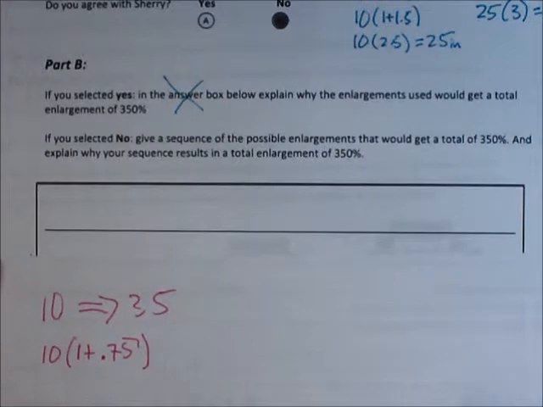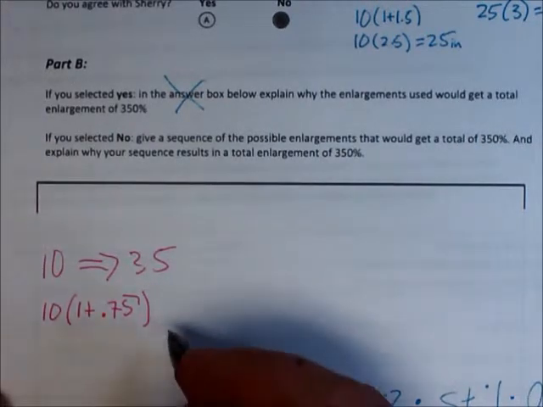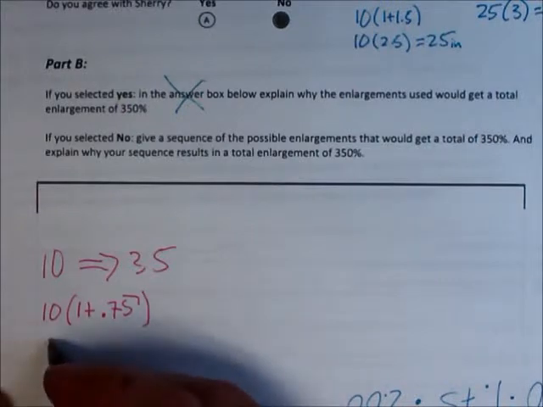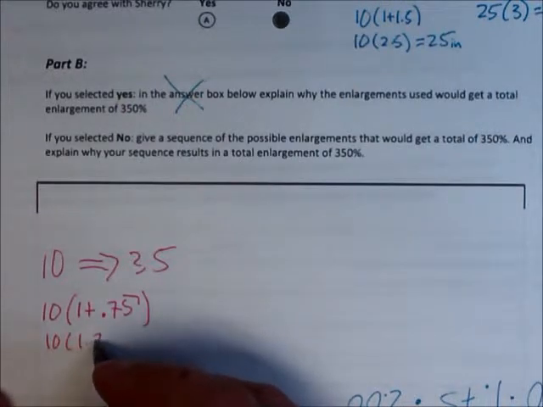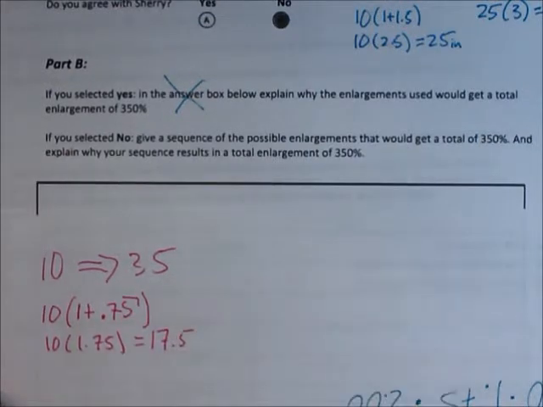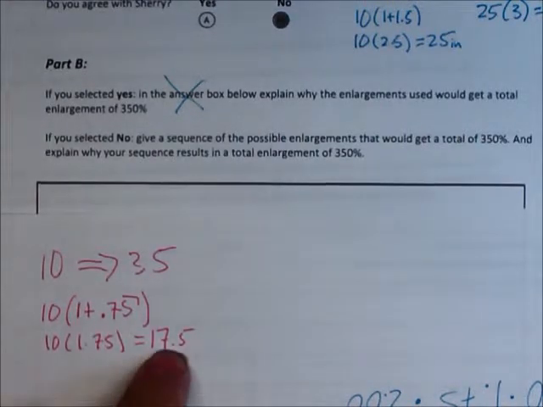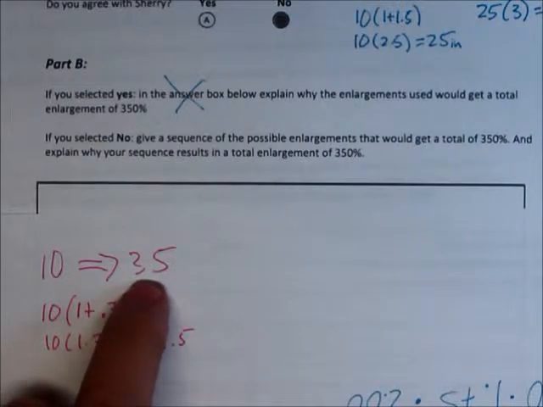I'm just going to see what that does. 10 times 1.75 would give me 17.5, and 17.5 is half of 35. So if I took this and gave it a 200% enlargement, I'd get to 35.